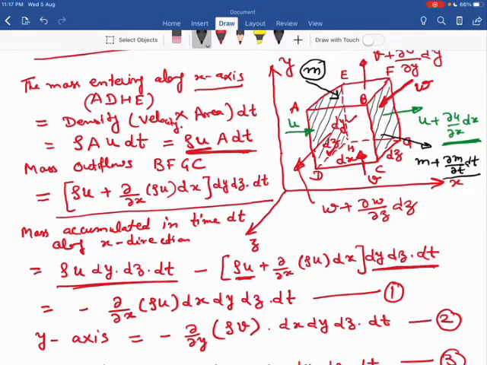So the mass accumulated can be written as mass leaving minus mass entering.